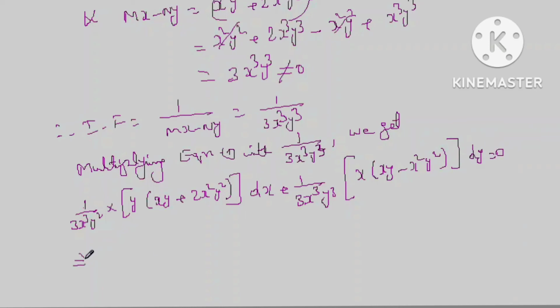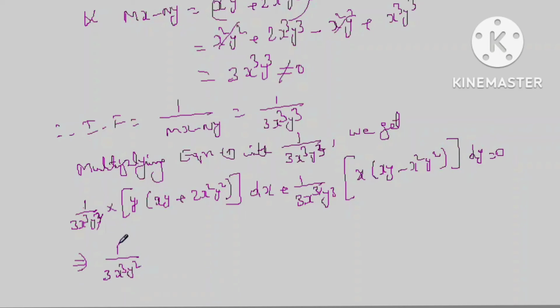So this implies 1y gets cancelled, this is x cube y cube, 1y gets cancelled and this 1x gets cancelled. So this will be 1 by 3x cube y square.